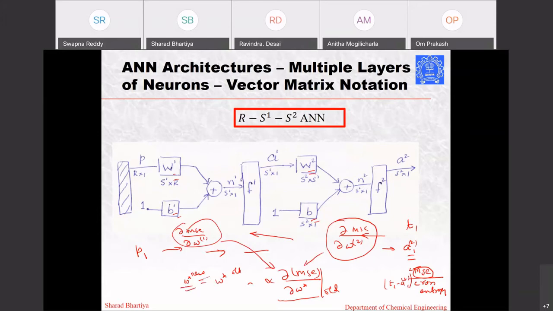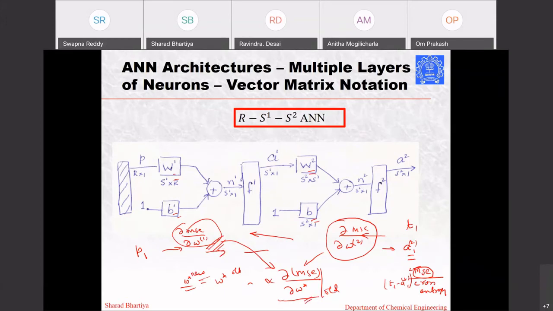It essentially takes an input, propagates it forward, comes to your output, compares the output with the target value, and looks at what the objective function is. If the objective function, for example, is mean square error, it then back propagates all the way to the first layer, and in so doing, it calculates all these different gradients which are needed in this gradient-based optimization.